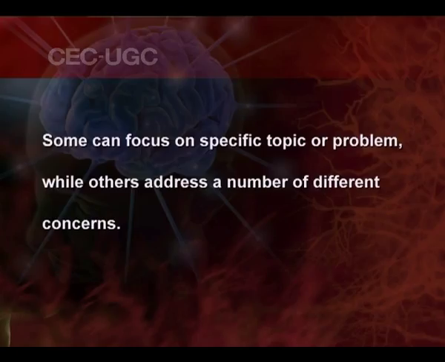The group can take a variety of forms. Some can focus on a specific topic or a problem, while others address a number of different concerns. It involves members who come together, forming their own specific goals.